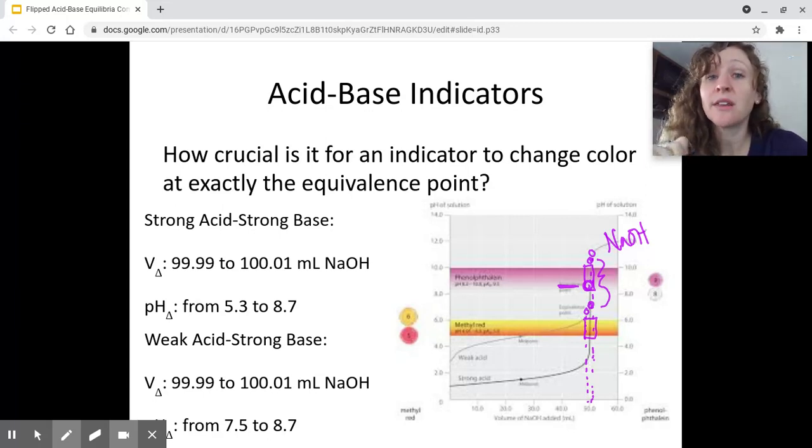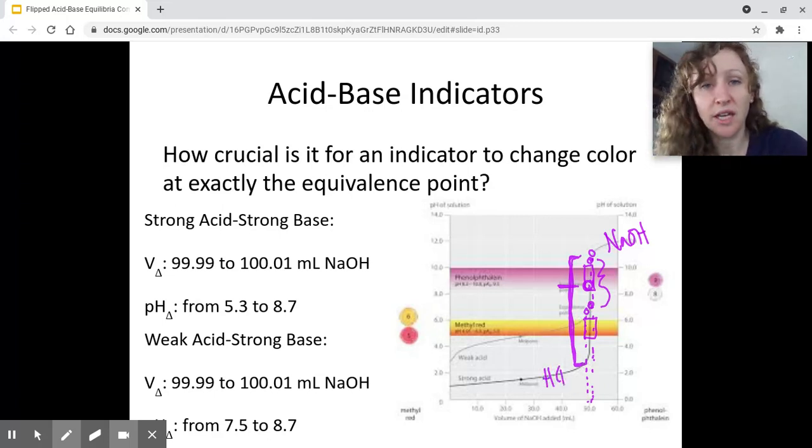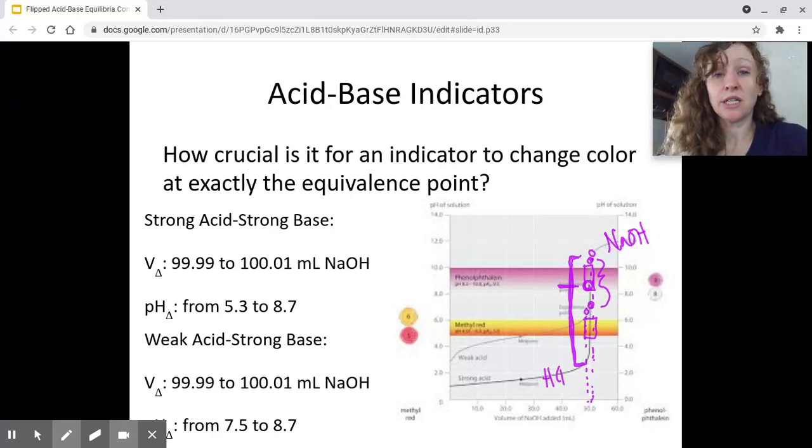But the weaker the acid you get, the more precise your endpoint has to be, right? For something that's strong acid, strong base, where we have a huge pH jump that occurs within that drop from just having HCl present to just having NaOH present, you can be a little bit more careless with your indicator choice.